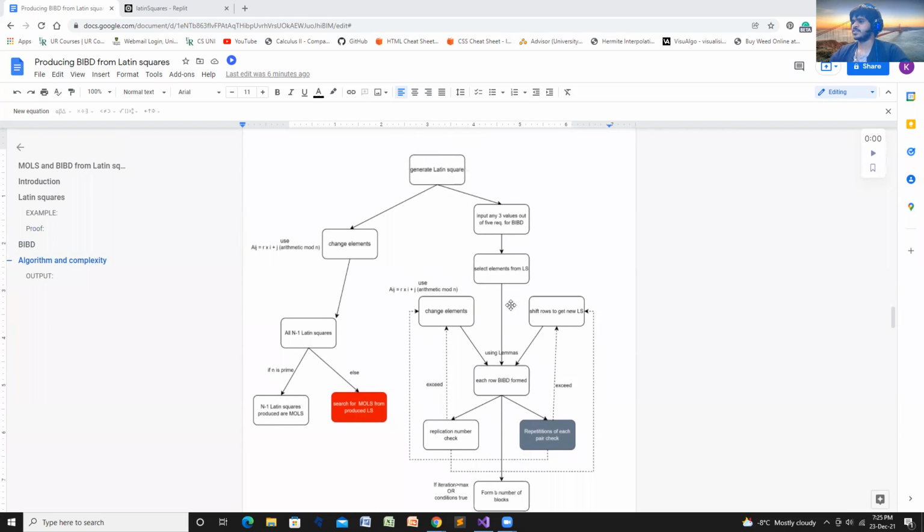So this will be the approach of finding MOLS and BIBD using the Latin square.